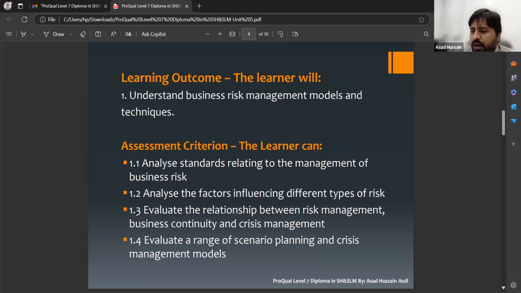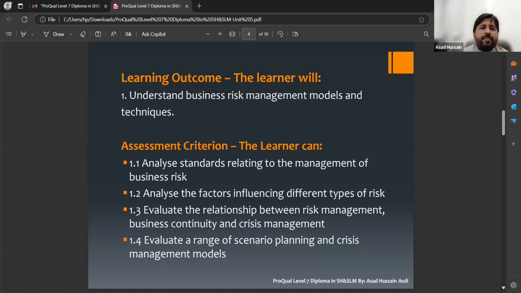Normally they have their own business risk management models and systems, but there is definitely a root, a base, from some international standard. Normally in organizations, two main standards are there. One is much more popular, and the second one is so to some extent.